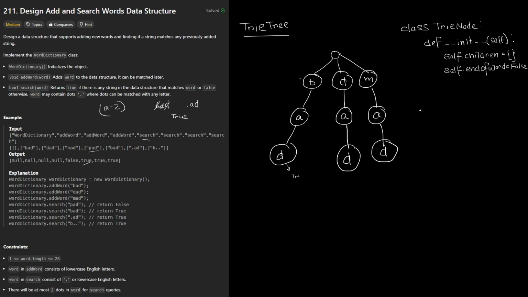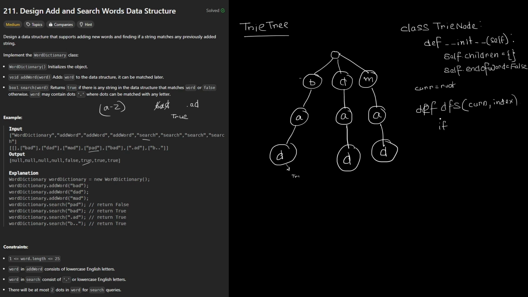So if I have to write a DFS function, let's say def DFS. Here it is going to take the current trie node, equal to the root of this trie tree, and also the index of the word that we are searching right now.